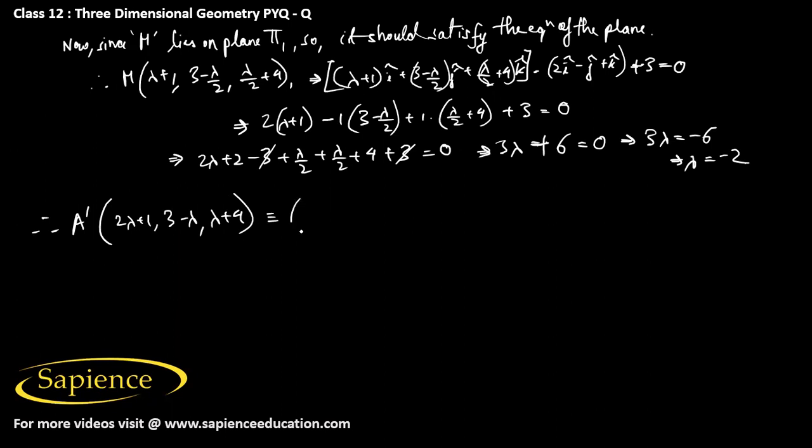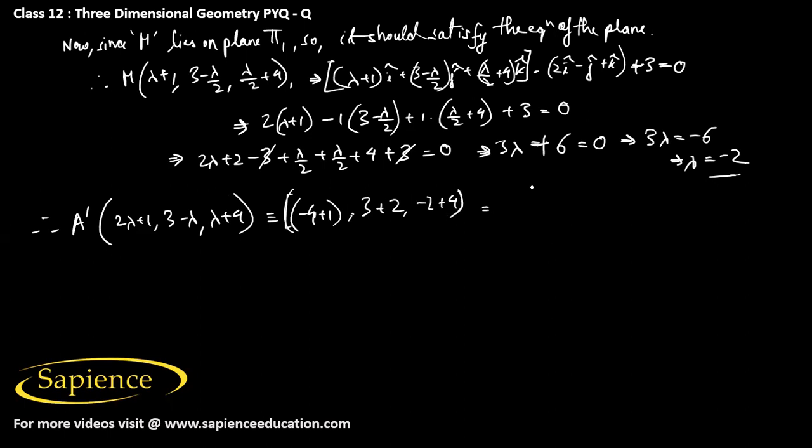If we put lambda equal to -2, this will be -4 plus 1, comma, 3 minus lambda, so it is plus 2, then lambda plus 4.